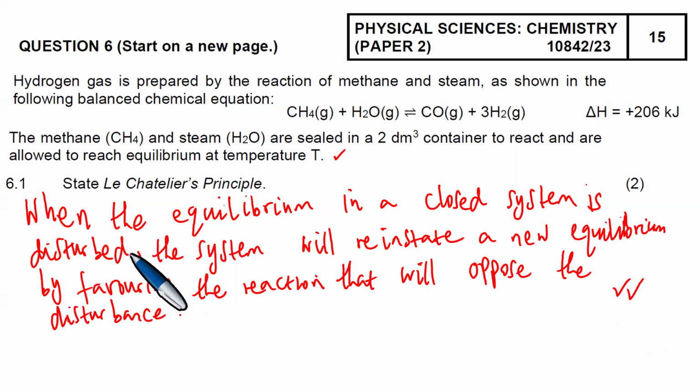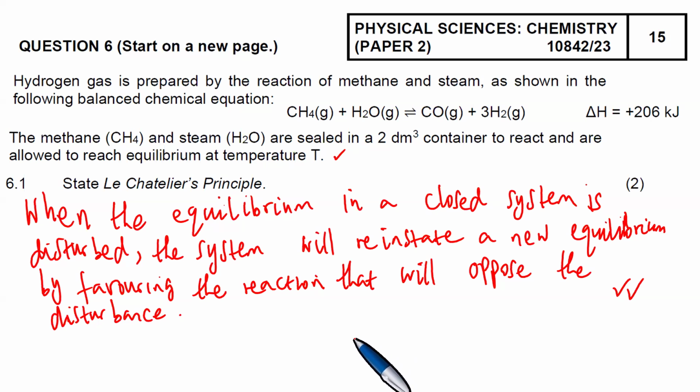We repeat Le Chatelier's principle in words. When the equilibrium in a closed system is disturbed, the system will reinstate a new equilibrium by favoring the reaction that will oppose the disturbance. Now, pay attention.